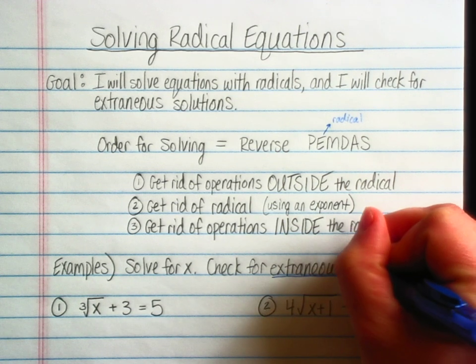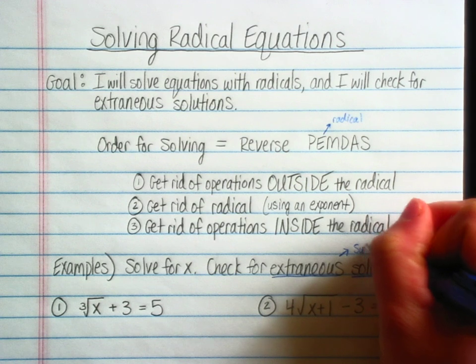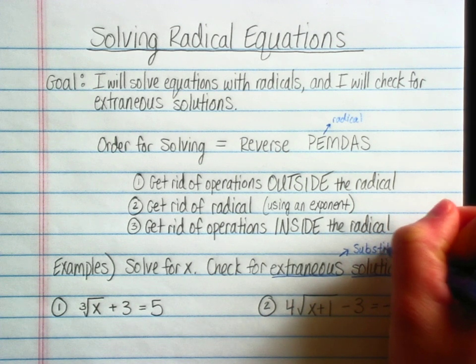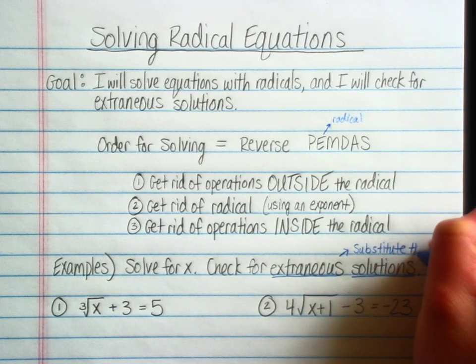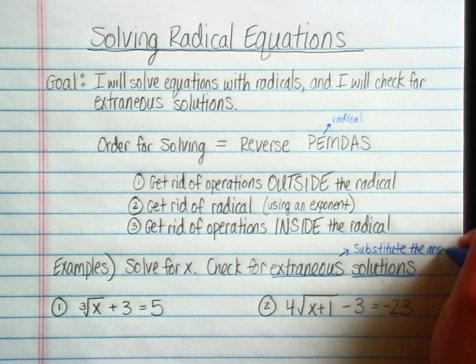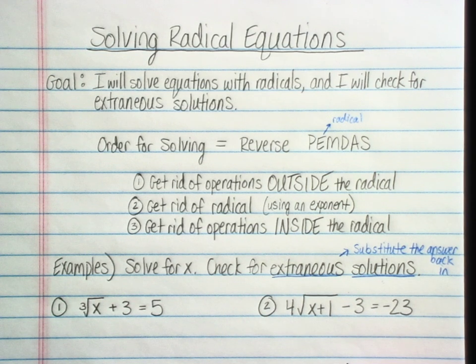So in order to check for extraneous solutions, we're going to substitute the answer back in. You can do that by hand or you can do that in the calculator. I'll show you both so that you can get an idea for which you prefer. Alright, so let's try a few examples.